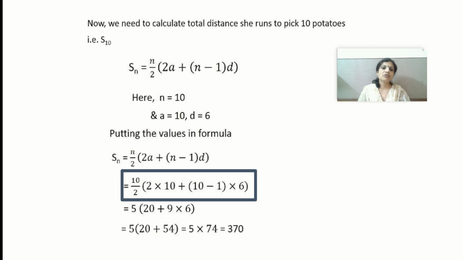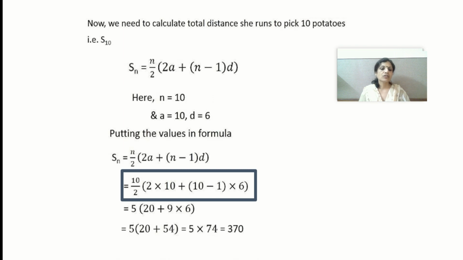So we'll make use of the formula Sn is equal to n by 2 in the bracket 2a plus n minus 1 into d, where n is equal to 10, a is 10, d is 6. So put the values in the formula. When you substitute the values, you get Sn is equal to 10 upon 2 in the bracket 2 into 10 plus 10 minus 1 into 6.